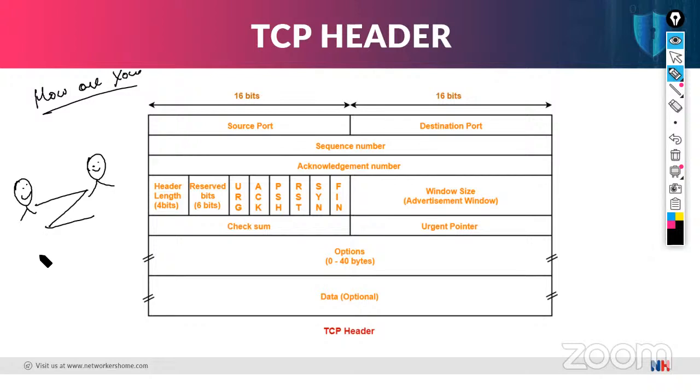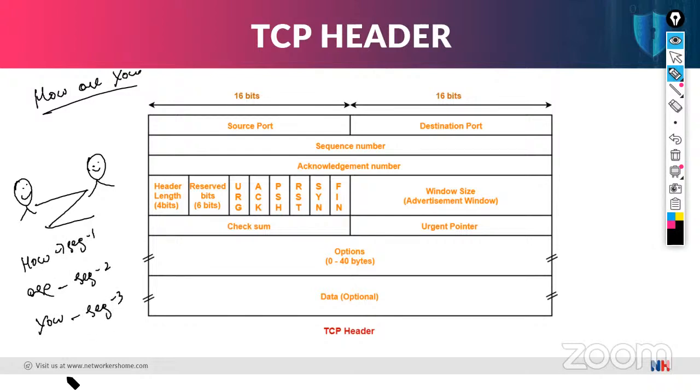Now whenever data is coming from the application layer, it gets broken down into segments when it reaches the transport layer. In the transport layer, it's all about segments if you're using TCP. Consider this huge data has been broken down into smaller parts: "How", "are", "you". This is segment 1, this is segment 2, and this is segment 3.